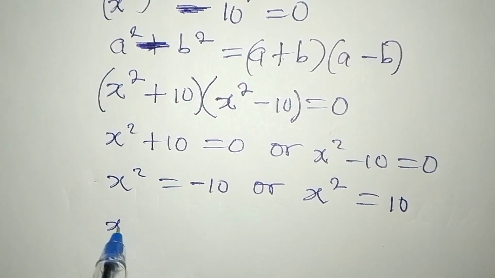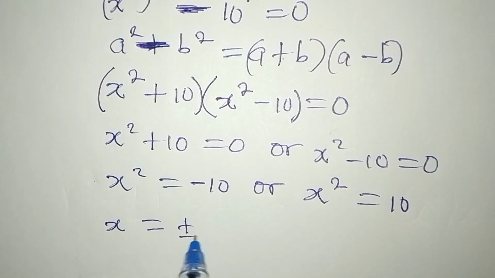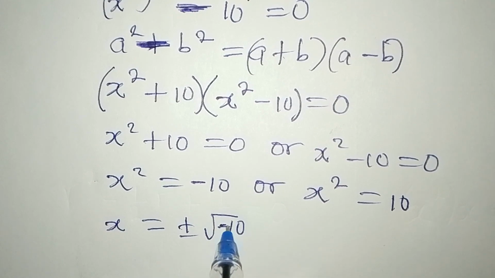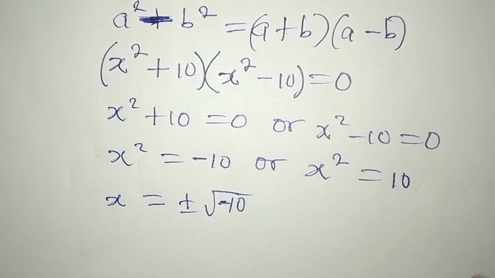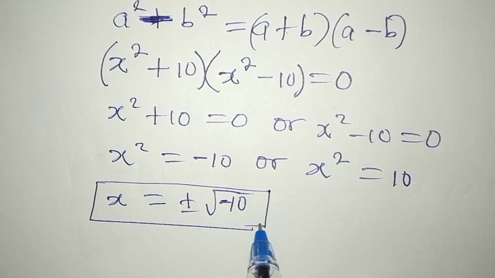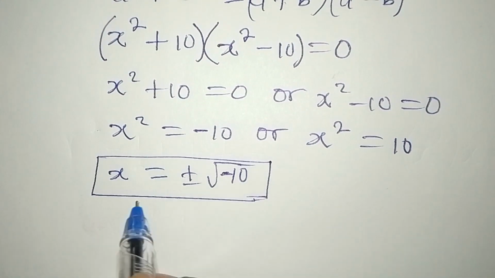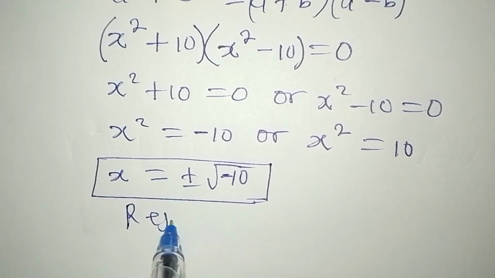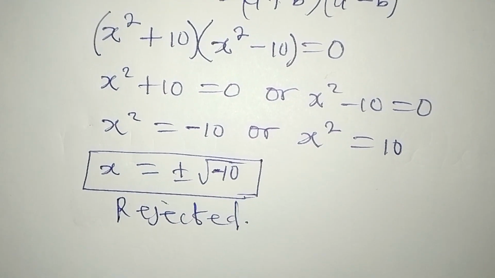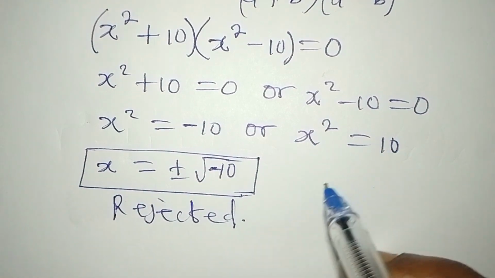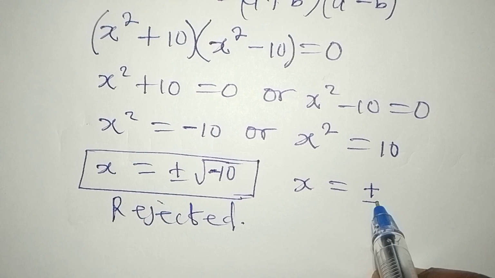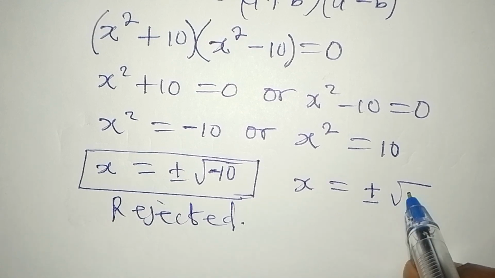From the first, x will be equal to plus or minus square root of negative 10, and because we're having a negative square root, this will give us a complex solution. This is not a real solution, so this has to be rejected. But from the other side, x will be equal to plus or minus square root of 10.